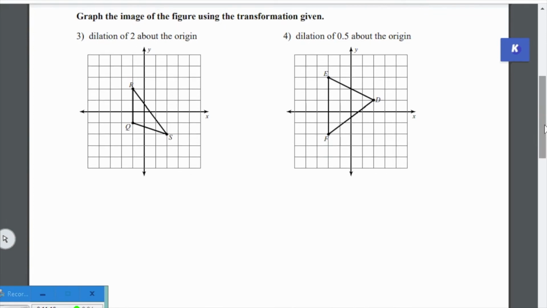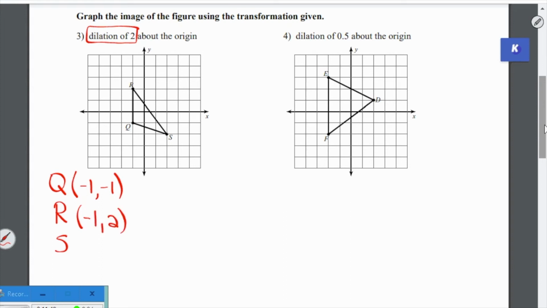So now we're going to graph with another dilation of 2 and another dilation of 1/2, but we're going to actually practice graphing. So what I'm going to need to do is identify my points, Q, R, and S. So Q is at -1, -1. R is at -1, 2. And S is at 2, -2.